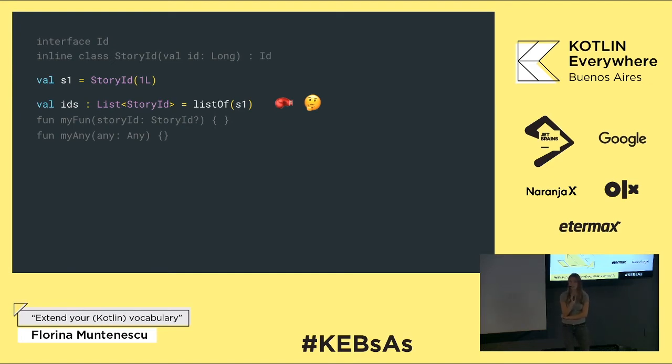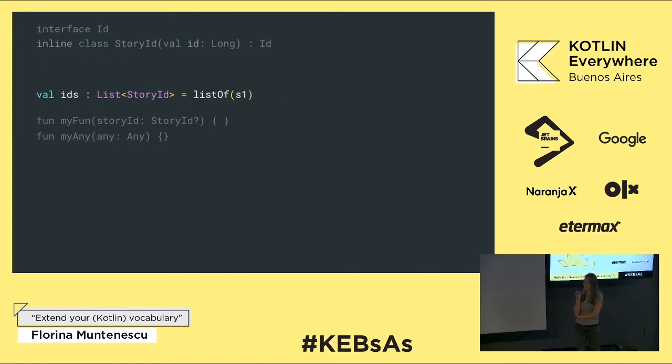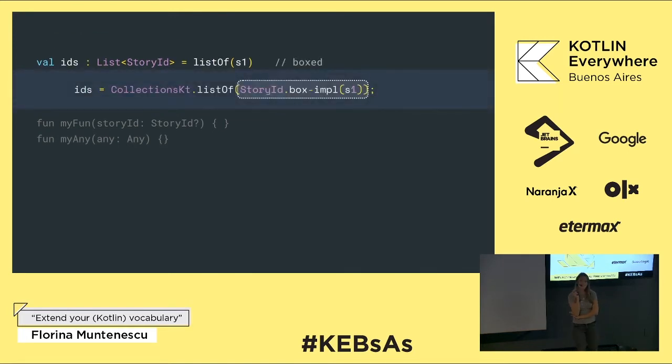OK, so everyone thinks that this is going to be used as a primitive, as a long? Do you want to know the answer? Do you want to guess the answer? Boxed? It is boxed. Because collections or arrays expect objects. So this means that it will use the StoryID object.